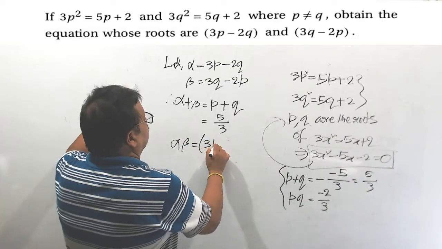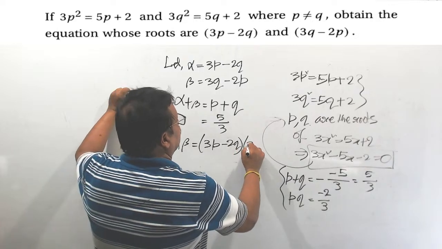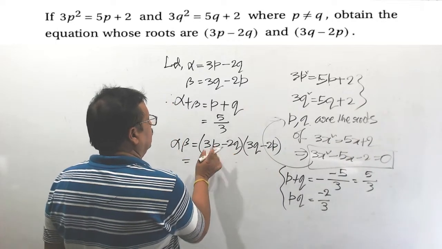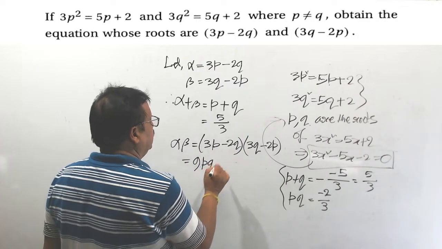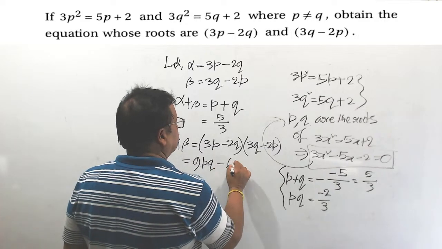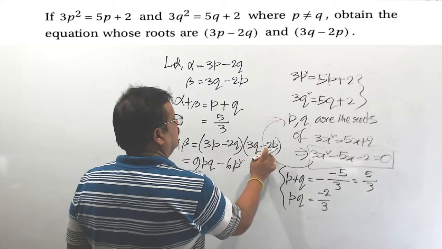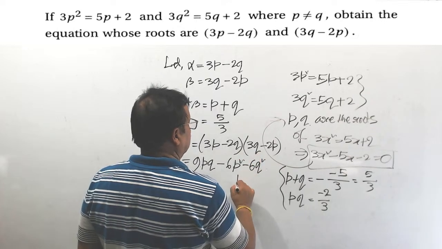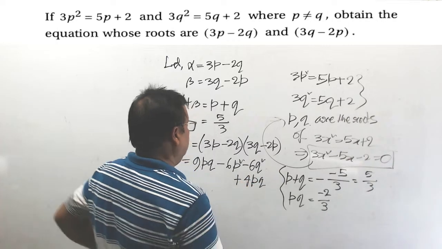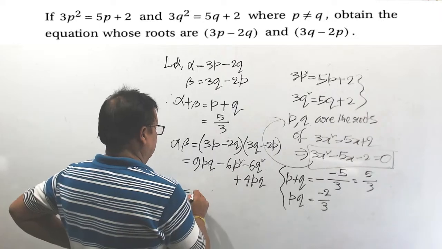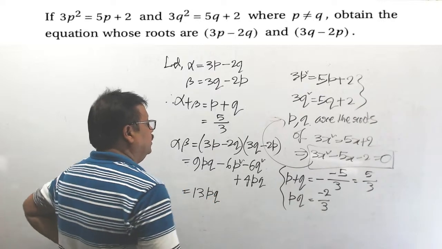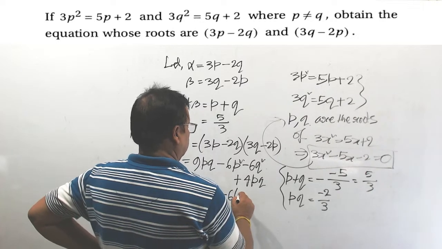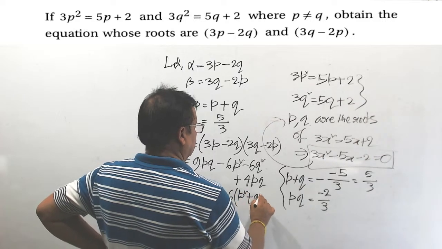Okay. And the product of the roots, that is 3p minus 2q into 3q minus 2p. Carefully multiply: 3p times 3q, 3 3s are 9pq, minus 6p square, 3 2s are 6p square, minus 6q square, minus minus plus 4pq. 9pq plus 4pq, that is 13pq, minus, take common 6, p square plus q square.